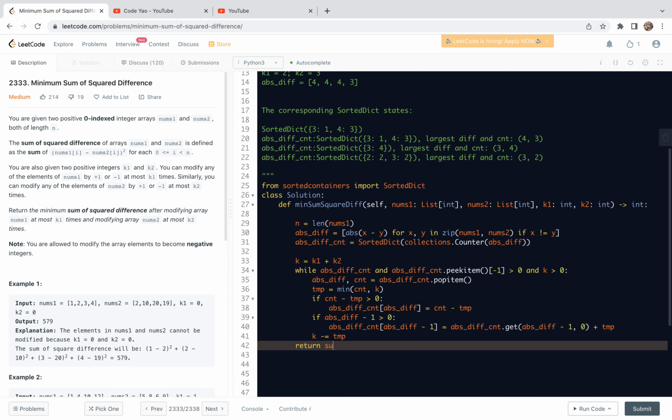So we're going to return the sum of count times diff square for diff, count in abs_diff_count.items. So we can add this diff greater than 0. So this is not absolutely necessary because the things in the dictionary are not 0.